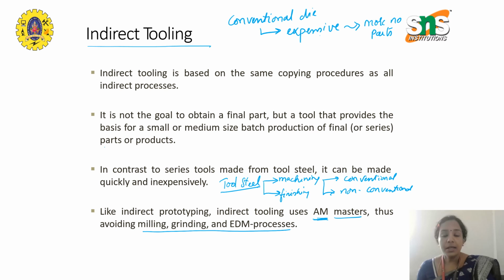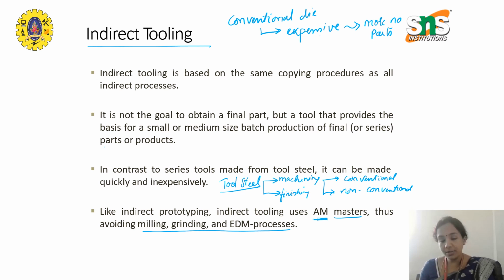Indirect tooling. Indirect tooling is based on the same copying procedures as all indirect processes. In rapid prototyping and tooling, the goal is not to obtain a final part but a tool that provides the basis for a small or medium size batch production of final parts or even the products.